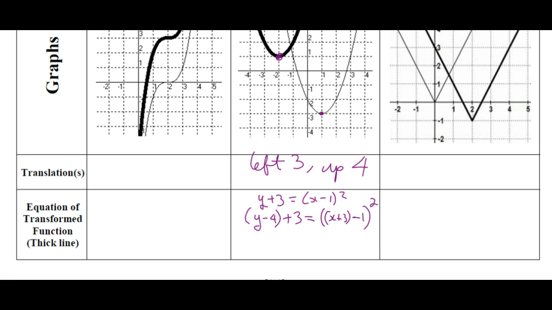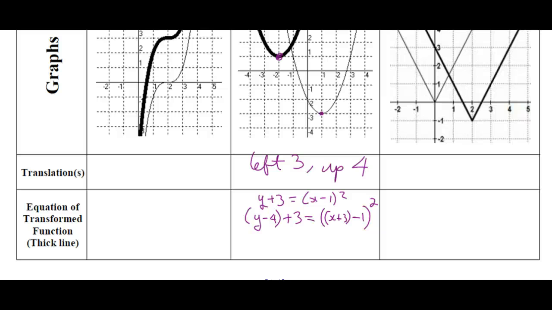Okay? So that's what happened. I've rewritten it slightly to just move the 4 over. You don't have to necessarily, but stay consistent. If I replace x with x plus 3, it becomes a horizontal translation left 3 units.